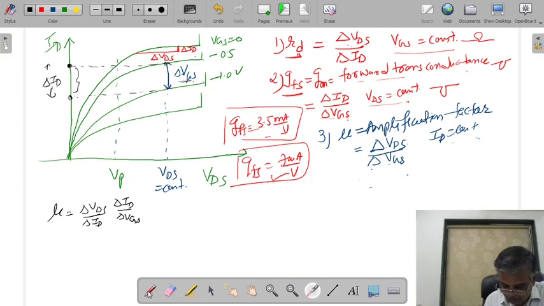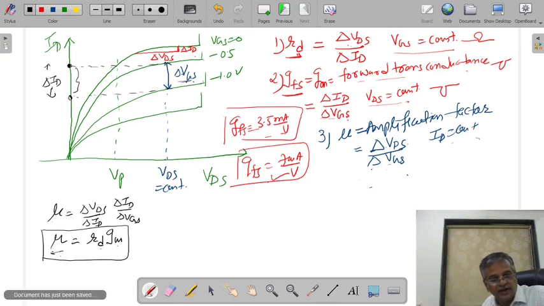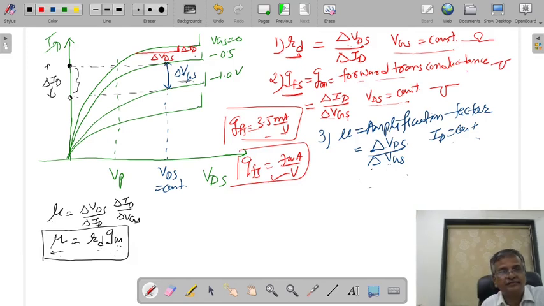So this is your RD, and this is your GFS or GM. So the most important equation for a one mark question: what is mu? Mu is equal to RD into GM. Mu is the amplification provided by the FET device, not the circuit. By the FET transistor, how much amplification is it providing? RD into GM.